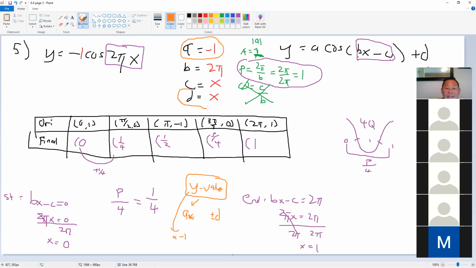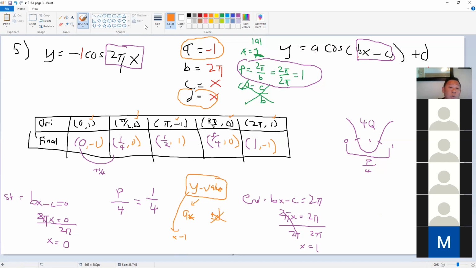The good news is that d is nothing, so we don't have any d. Remember all the original y values: 1 times -1 is -1. 0 times -1 is 0. -1 times -1 is 1. 0 times -1 is 0, and 1 times -1 is -1.